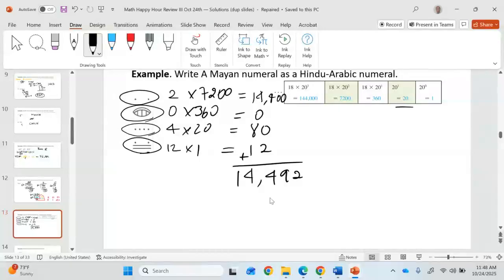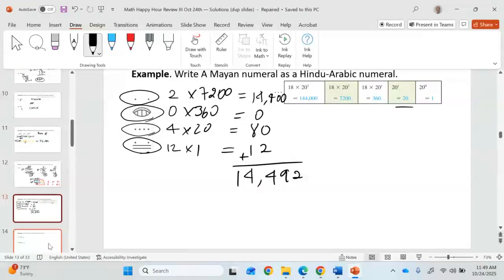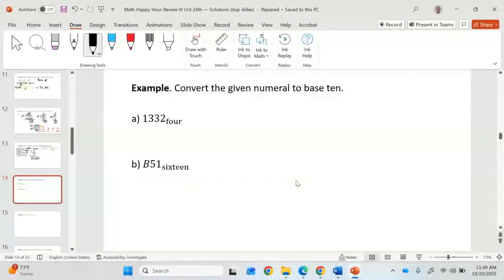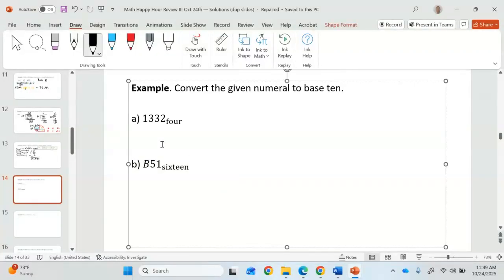4,492 in regular numbers. Okay, so you probably know what I'm going to do next. Well, actually, no, you don't. This I kind of already did before, these examples, when I did base 60. But now we could also have any number base, like you can have base 2, which we call binary, base 3, base 4.